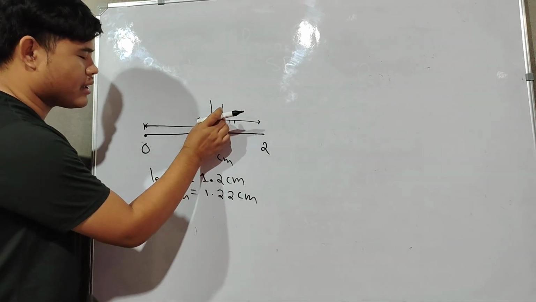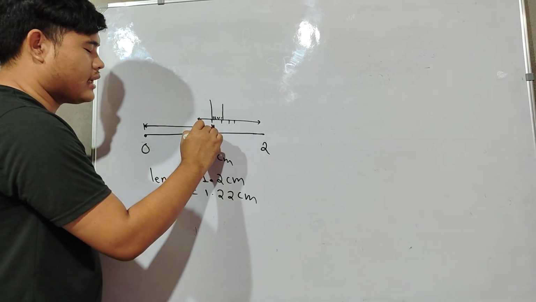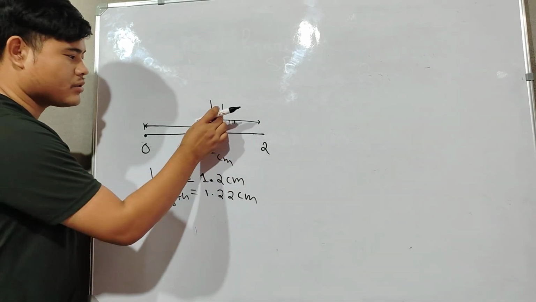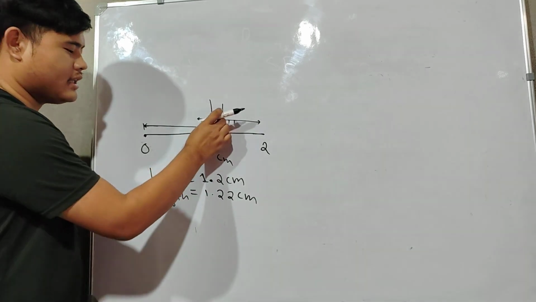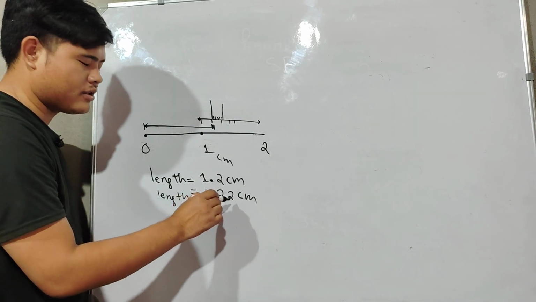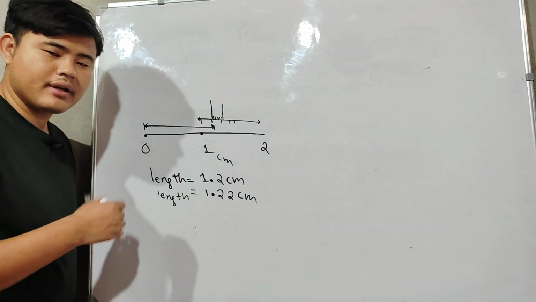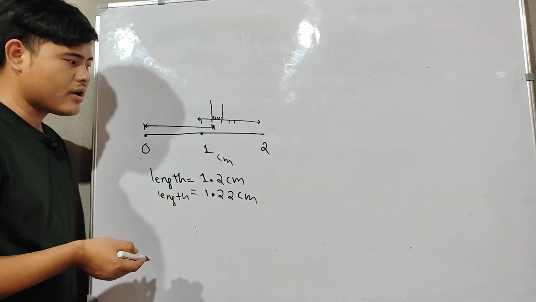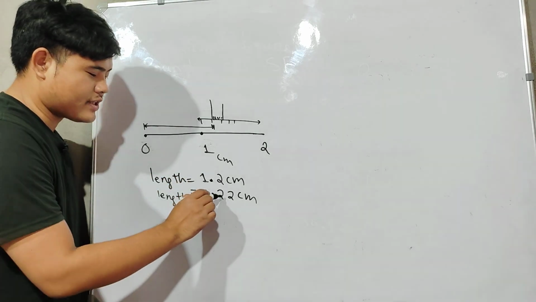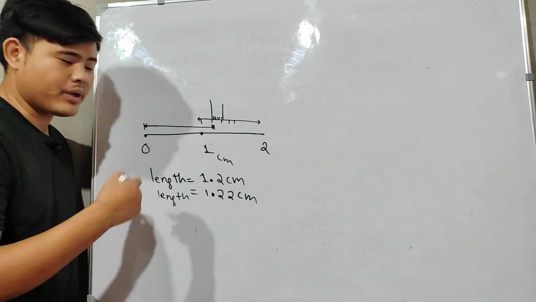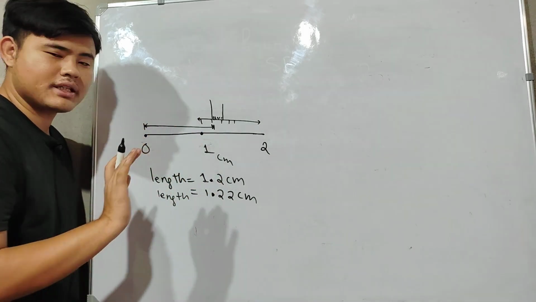Since the length extends a little further, we divide it into ten parts, and then it will be 1.22 centimeters. Some of us may be confident up to here, and some of us up to here. We are sure the measurement is this much.